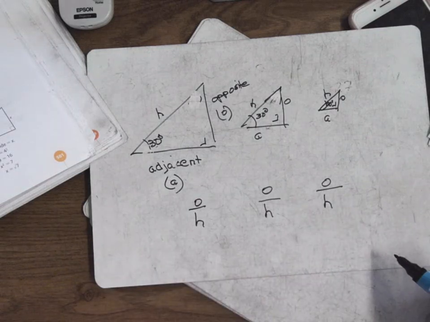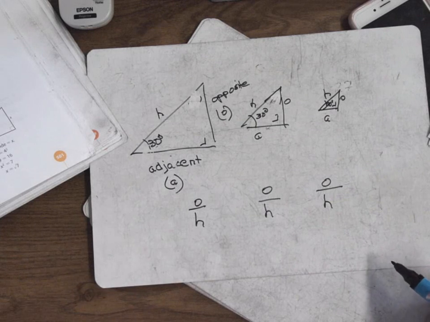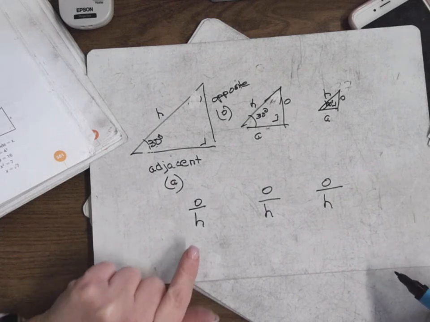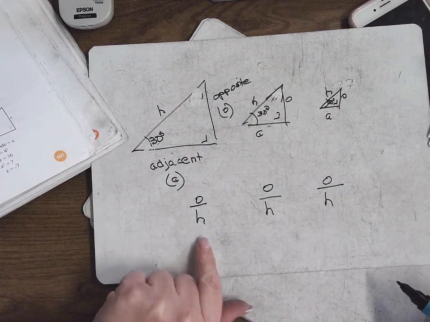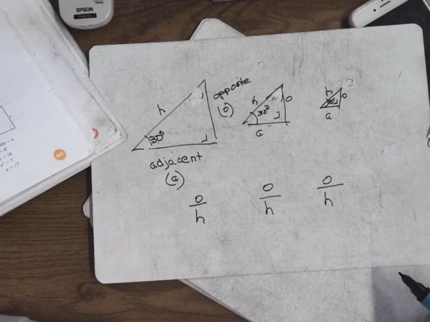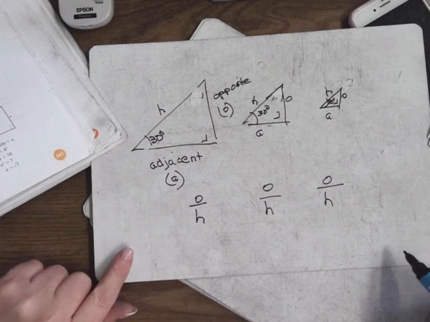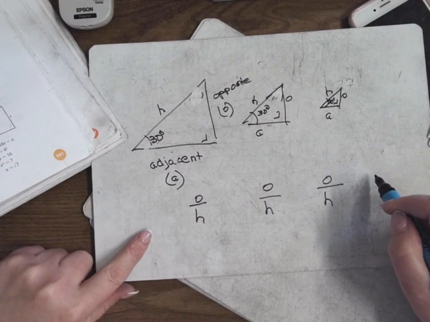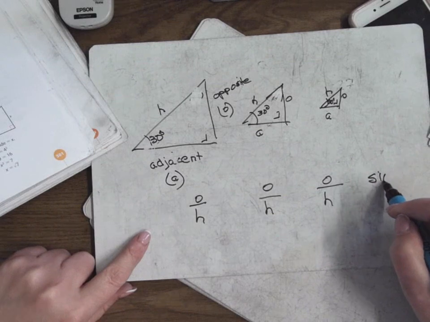And guess what turned out? They all turned out to be the same, the exact same number, okay? So they took note of this number and put it into your calculators for you, and they call that sine, okay?